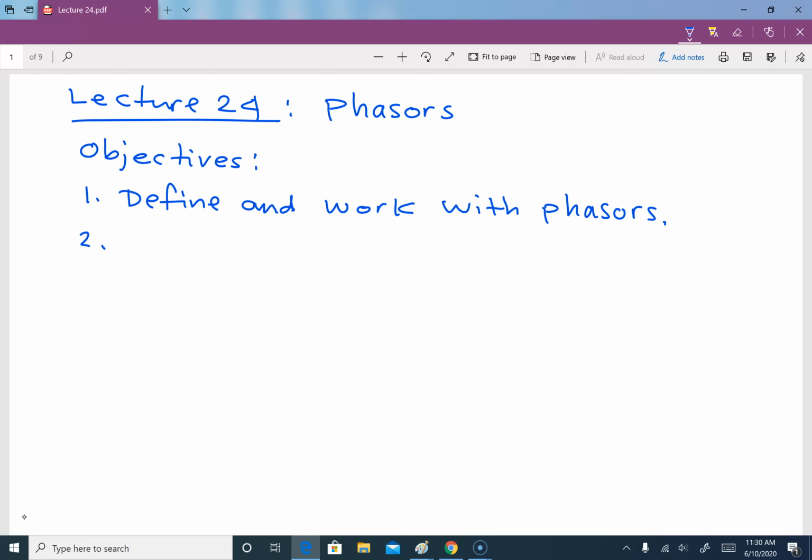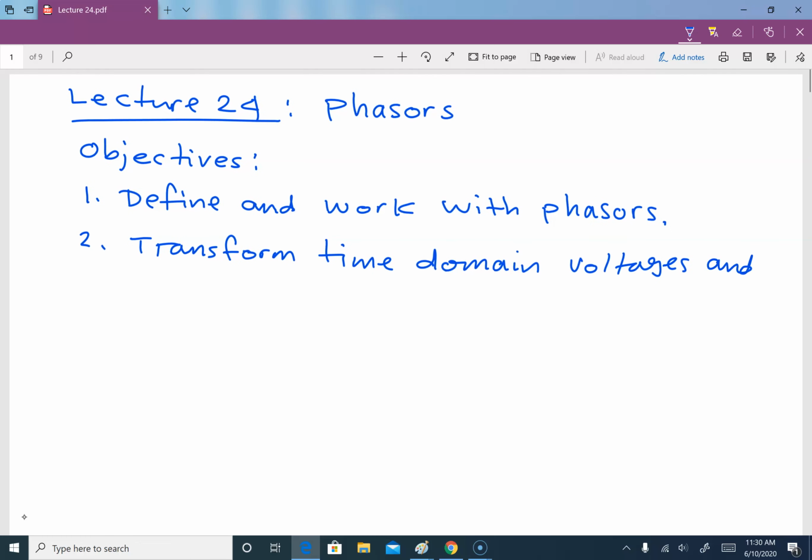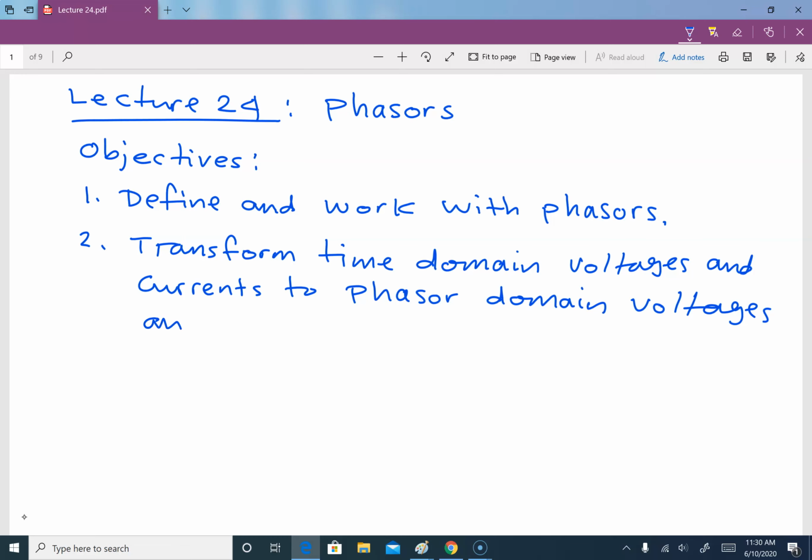And the second objective is to transform time domain voltages and currents to phasor domain voltages and currents, and of course vice versa.